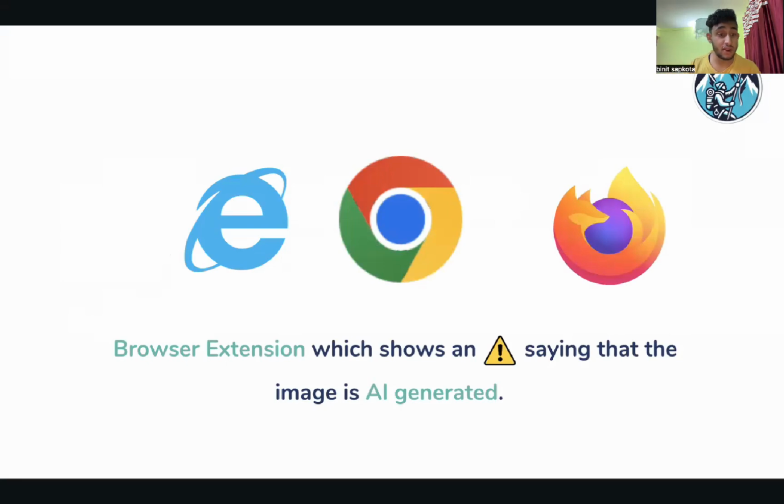Right now we are trying to develop a browser extension which will pop up and tell the user whether the image is AI generated or not. If the image is AI generated, it will directly show the warning and ask whether you want to look at the image or not. If the user wants to look at the image, they can see it. Otherwise, the user can directly avoid it.